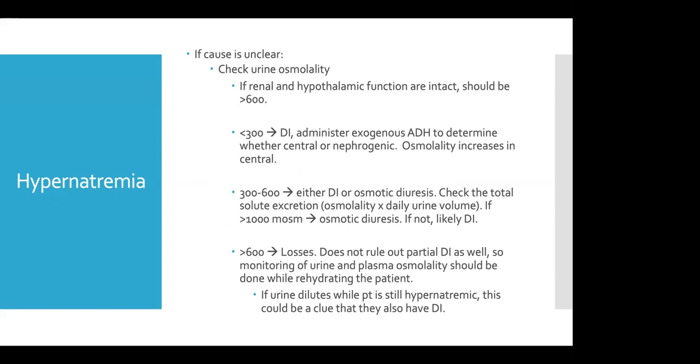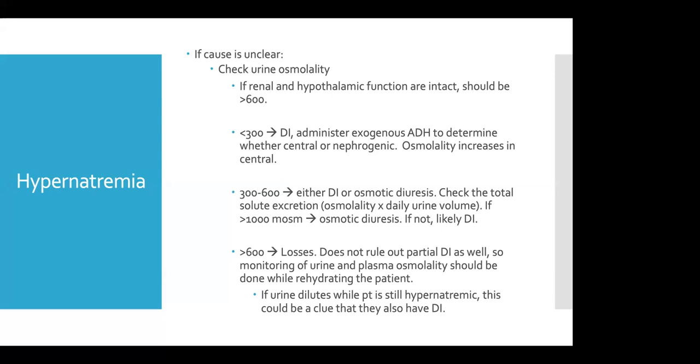If it's low, then you can consider things like diabetes insipidus, and then you can give ADH to see if it's central or nephrogenic. And if it's in between, then it can really be DI, osmotic diuresis, or it could also be from water losses.